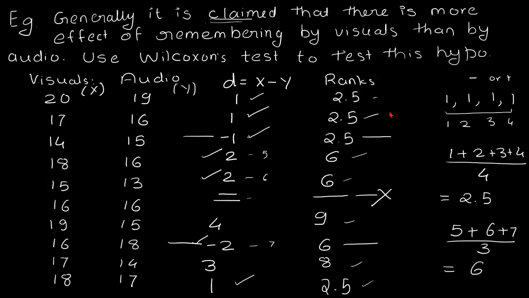Now there can be another twist in the story. In this question, visuals x and audio y data was given. It can also happen that in the exam directly this third column, the difference column, will be given and you will have to allot the ranks directly. So you will not have to use the x and y columns anywhere.